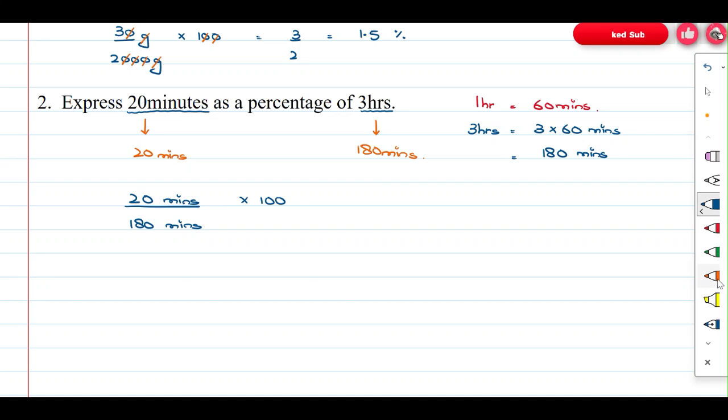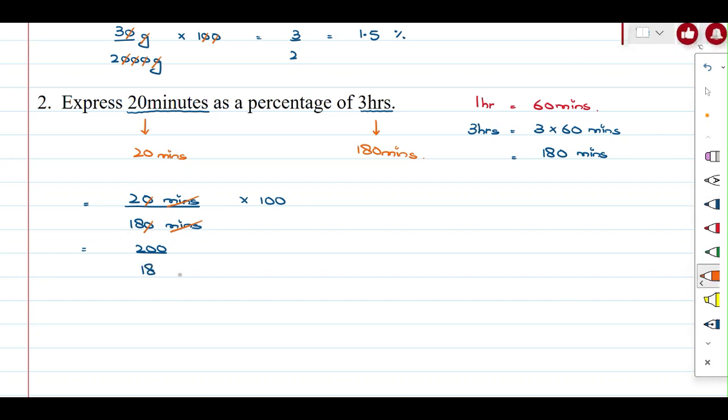The like units are cancelled out, minutes with minutes, 0 goes with this 0. So 2 times 100 is 200, and this is 200 divided by 18.